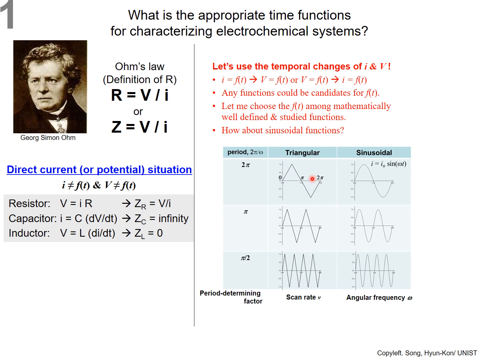If the y-axis is the voltage and the x-axis is the time, then from, for example, 0 volt to 1 volt, then 1 volt to minus 1 volt, then you are going back to the initial potential, 0 volt.